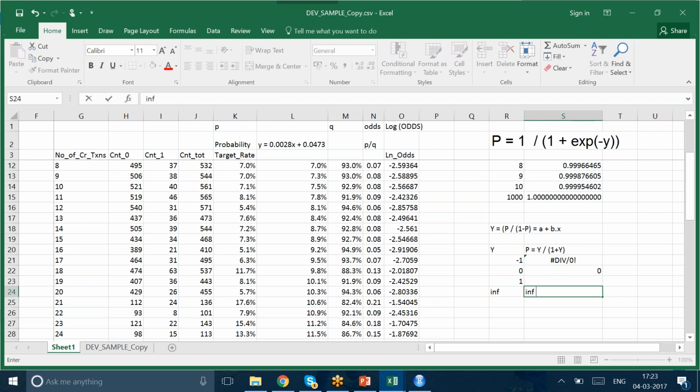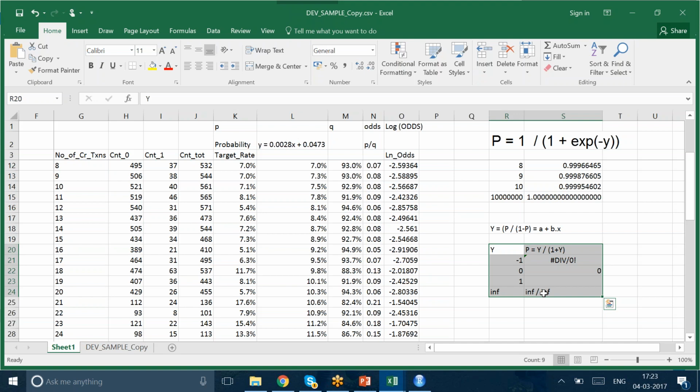This would be infinity divided by infinity, which is undefined. If I make this too large a number, it's 1 only. So even using odds would not have solved the problem.